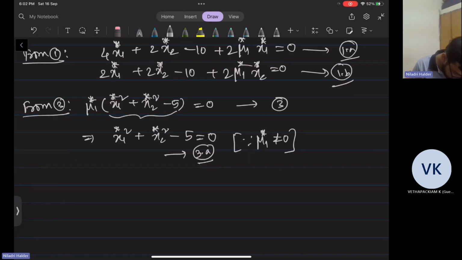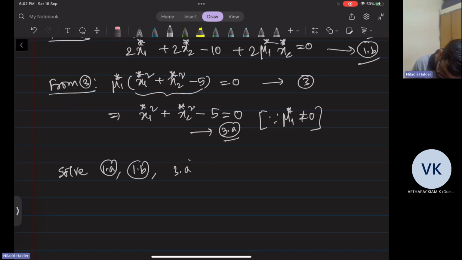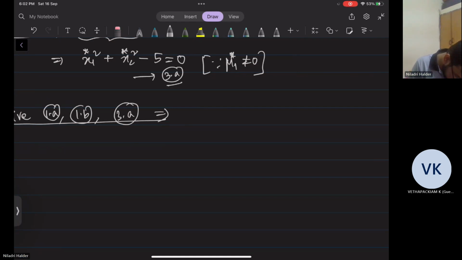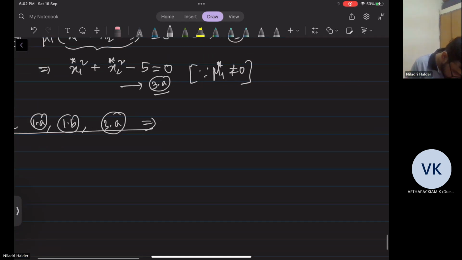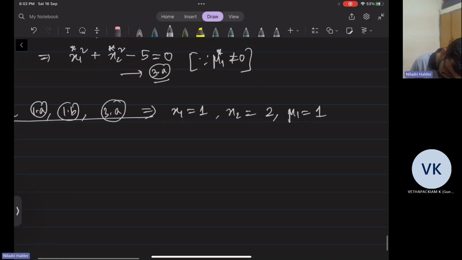Then how will you get the solution? Ultimately, you solve 1a, 1b, and 3a. So three equations. If you solve, you are getting x1 equal to 1, x2 equal to 2, and mu1 equal to 1. And this is the first one.